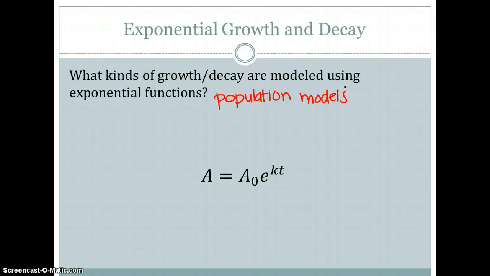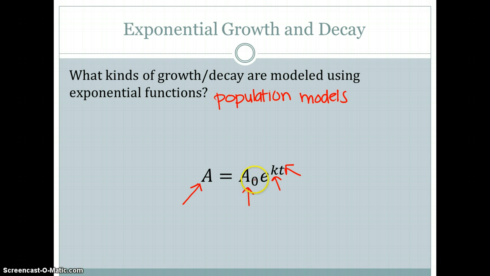But population doesn't always increase. Population could also be what we call decaying or decreasing. So using this general format and noticing what situation we have, these variables are going to stand for information that we would know if we were talking about population growth or population decay.